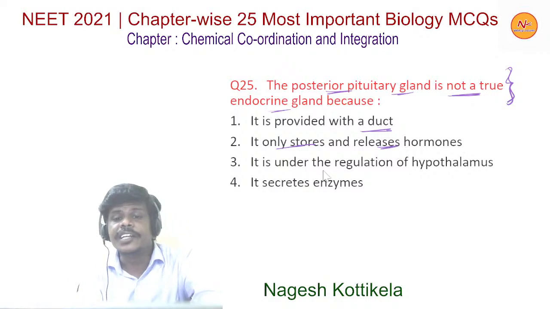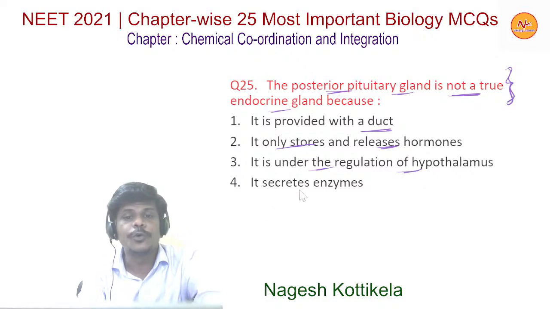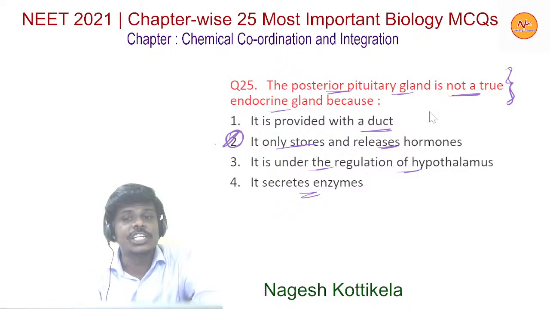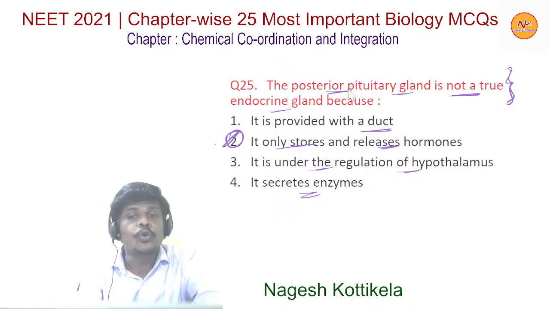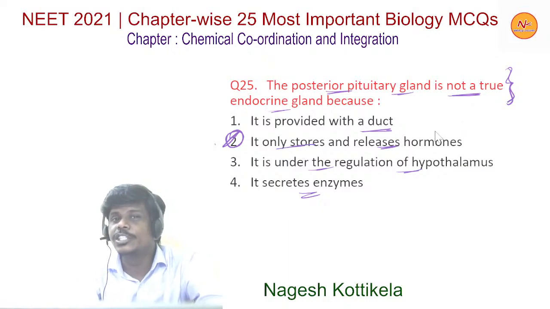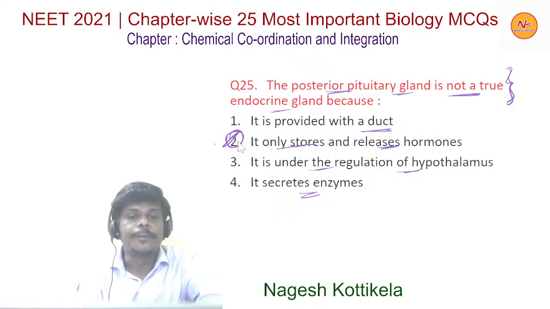Option 3, it is under the regulation of hypothalamus. Option 4, it secretes enzymes. And here option 2 is the right one. The posterior pituitary gland is not a true endocrine gland because it only stores and releases hormones like antidiuretic hormone. So here option 2 is the right option.